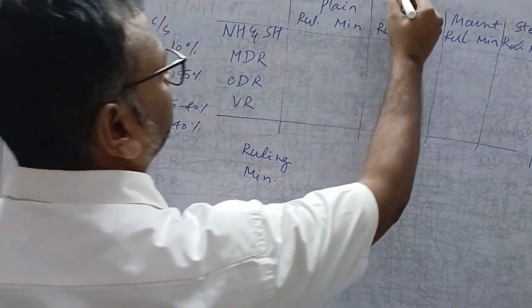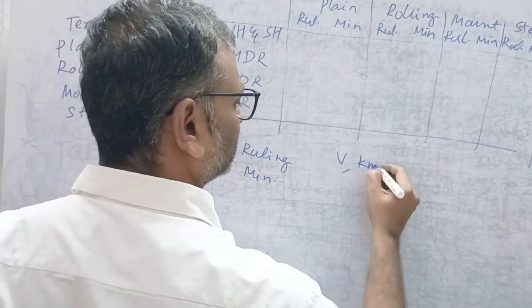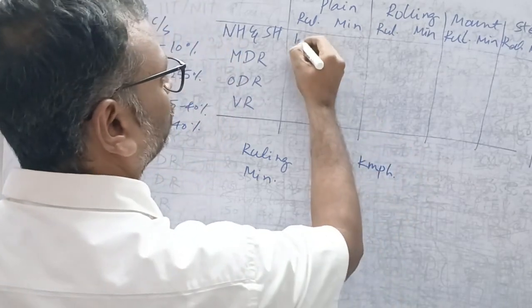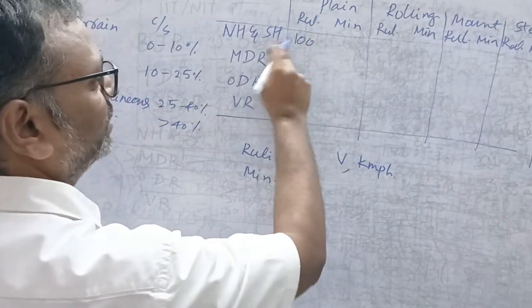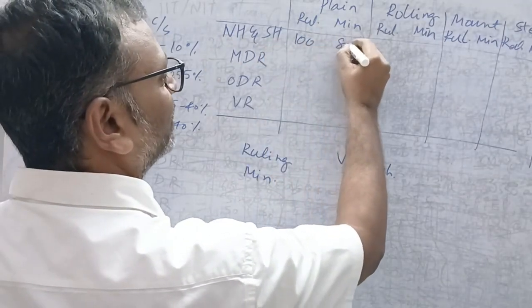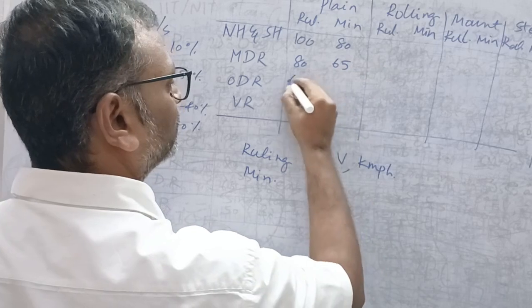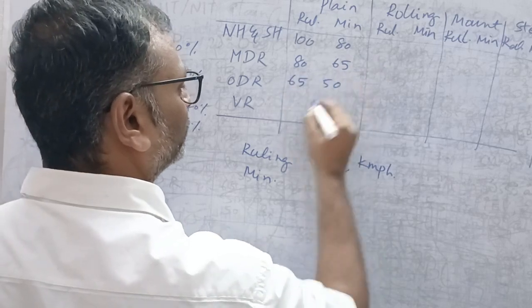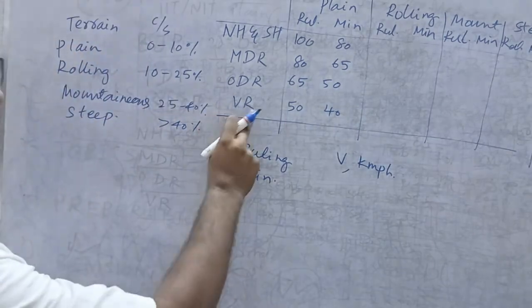These design speeds are in capital V, that is, in kilometer per hour. So 100 is the ruling design speed for national highways and state highways. Similarly, fill like this: 80, 65, 50, 50 and 40 for village roads.